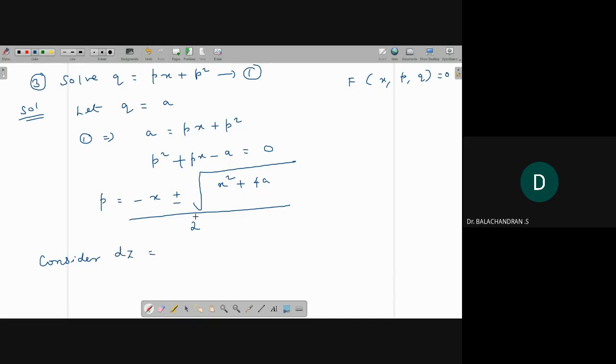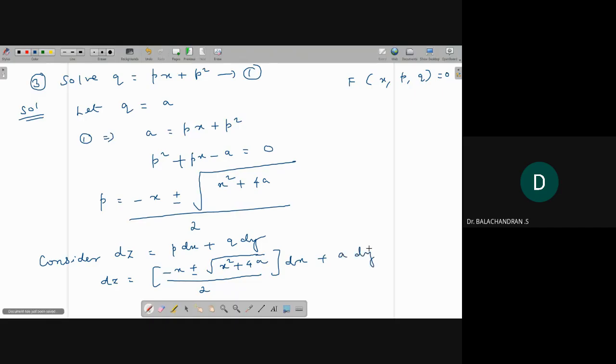Now next consider dz equal to p dx plus q dy. So dz equals, what is p? This is the value of p: minus x plus or minus root of x square plus 4a, by 2, dx plus q, what is q? a, into dy. Now I'm going to integrate.